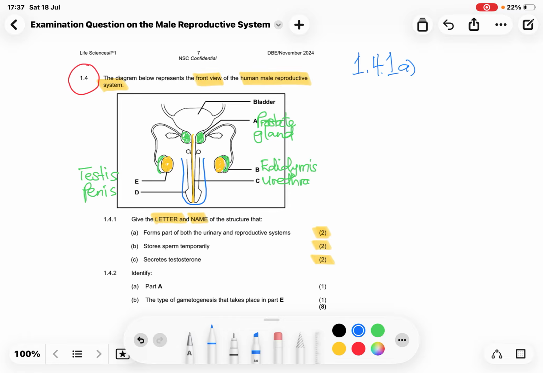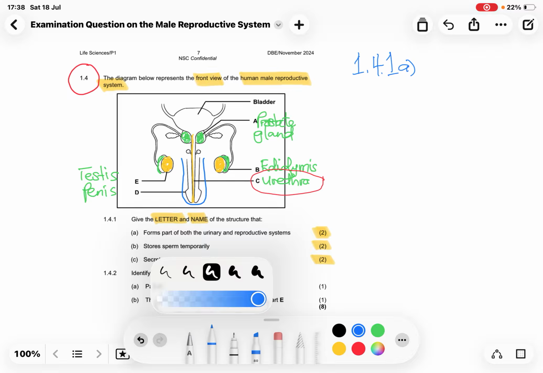You're going to see that it becomes easy for us to answer these questions because already we have studied our diagram and we have labeled the diagram. So now we're simply going back to the diagram and we're getting our answers. So that part that forms part of both the urinary and reproductive systems would be the urethra. So it's part C, which is the urethra. So our answer is going to be C.